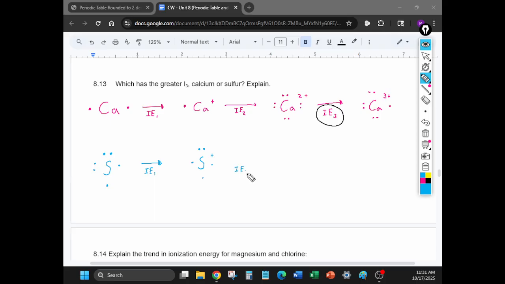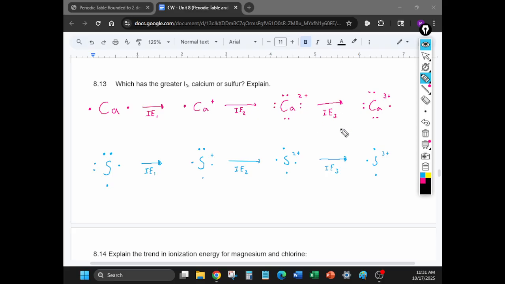IE2, you're going to become S2 plus, and you're going to have 4 valence electrons. And then we go to IE3, it's going to become S3 plus, and it's going to have 3 valence electrons. Okay, so we are going to be comparing the IE3s.